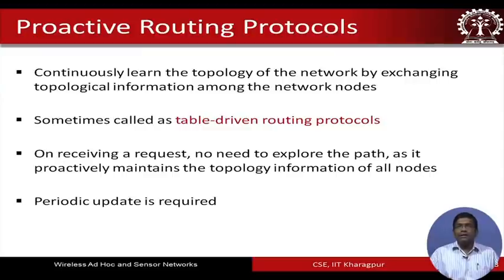So, what does that table contain? The routing information. For a particular node, the routing table contains information such as, from this node to other nodes in the network, what is the next hop that has to be taken, and there are other things like sequence number, flags, etc., which are additional information also stored in a routing table.